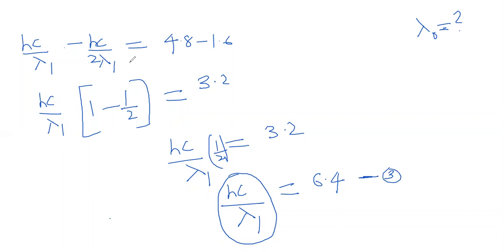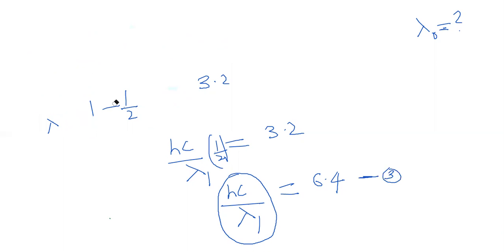Now first go back to equation number 1. What was the first equation? Any one equation you need. Wherever there is HC by lambda 1, you have to substitute 6.4 instead of that. So what was our first equation? HC by lambda 1.